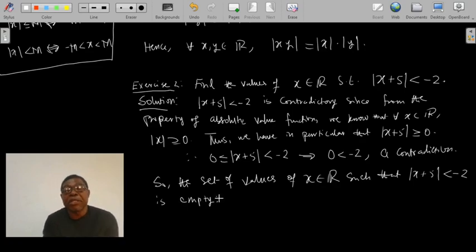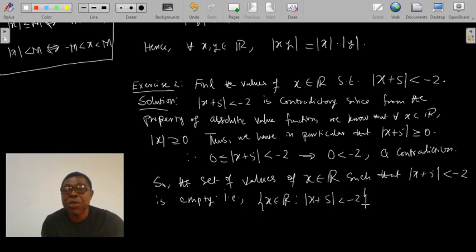So what are we saying? The set of values of x in R so that absolute value of x plus 5 is less than minus 2 is empty. That is, the collection x in R so that absolute value of x plus 5 is less than minus 2 is an empty set.